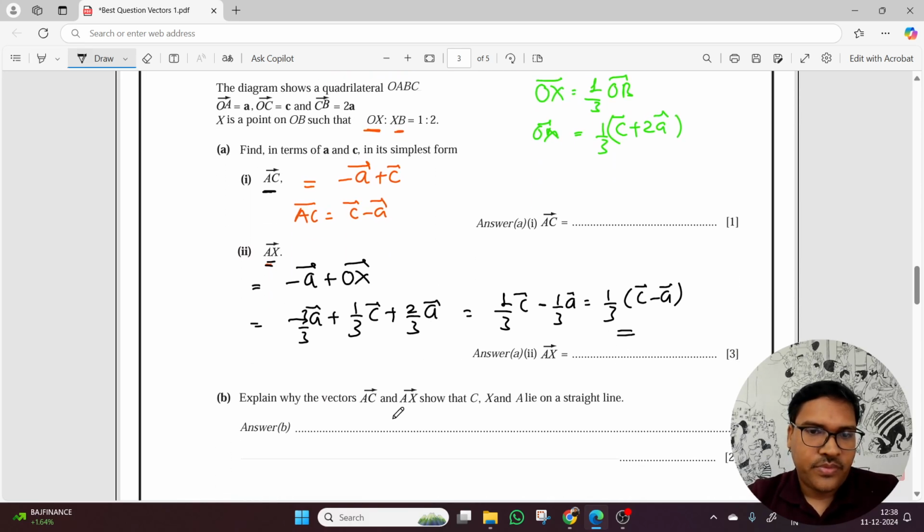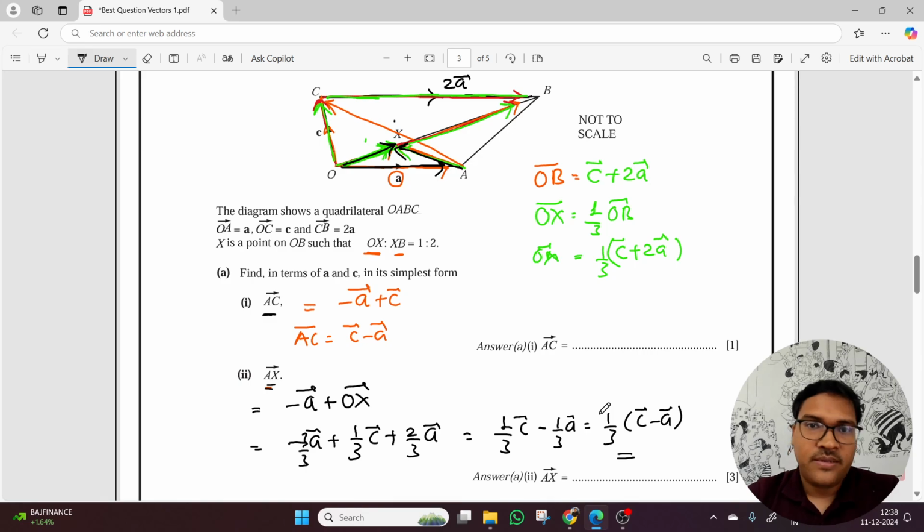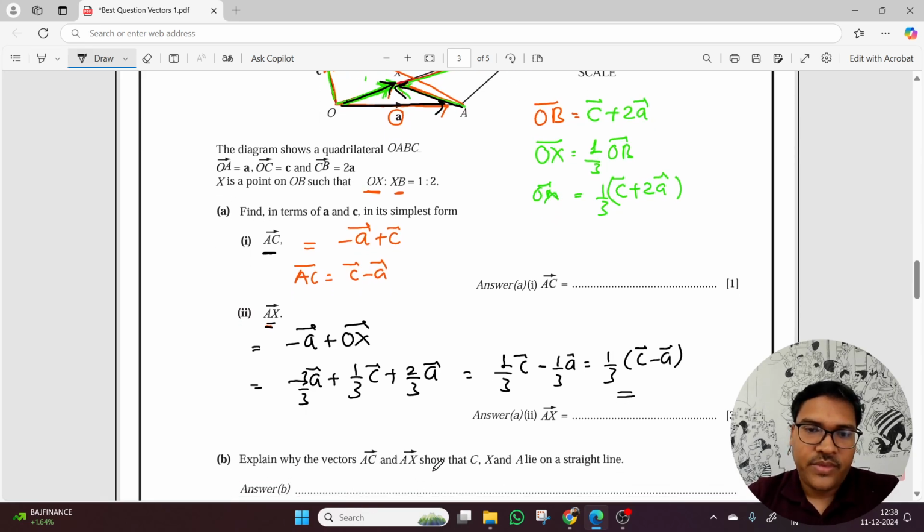Now next question. Explain why the vector AC vector and AX vector show that C, X, A lie on a straight line. Now you have to show that by using the first and second parts, that is AC vector and AX vector.